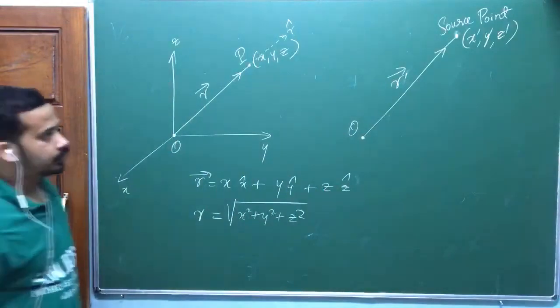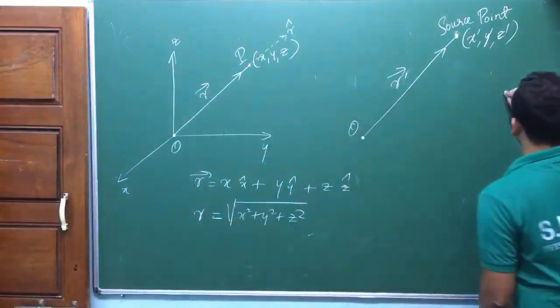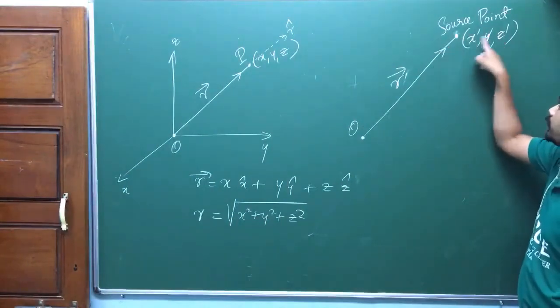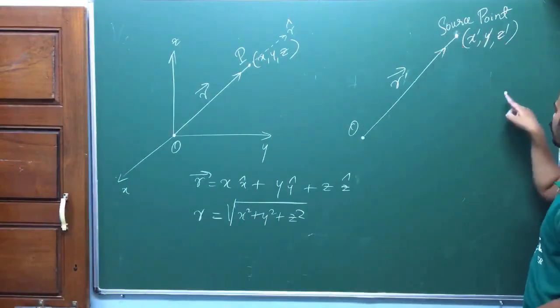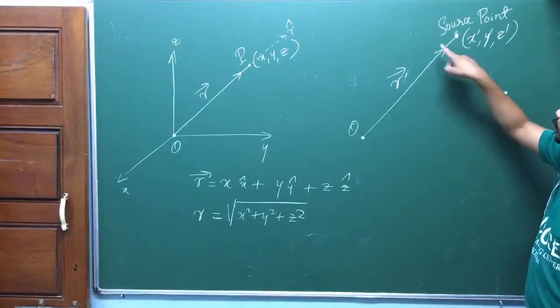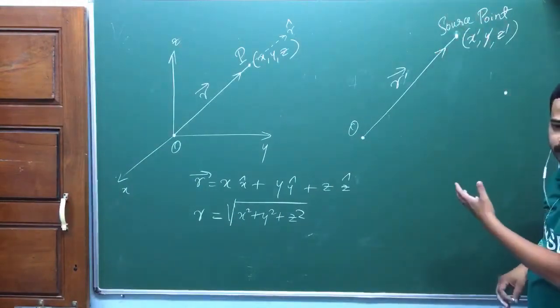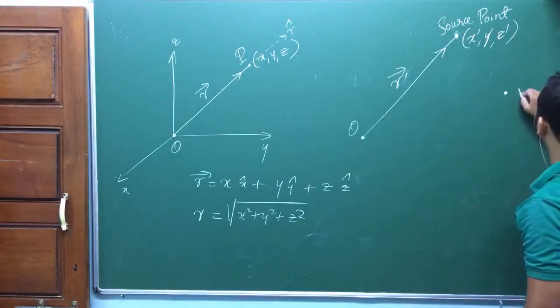Suppose here you are finding a field. If it is a current carrying wire, it's the magnetic field; if the source is some charge, then the electric field. We call this the field point.